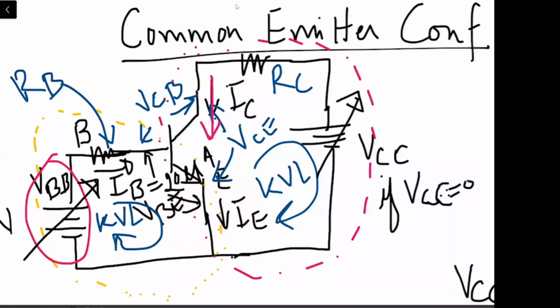IC is equal to 0. This means that the potential at the collector at this specific point and the potential at the emitter is the same. Are you with me? VCE is equal to 0.